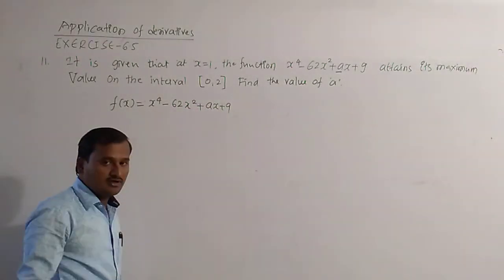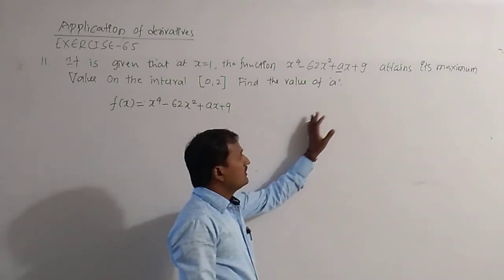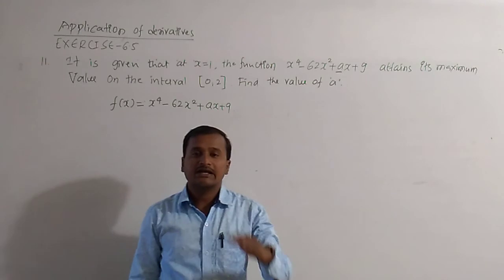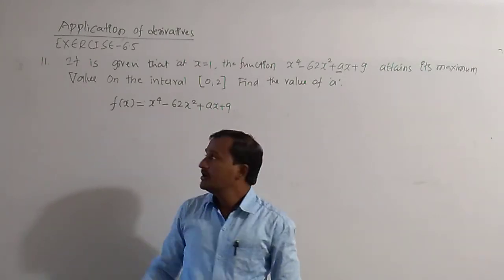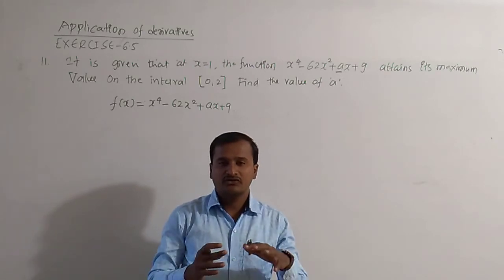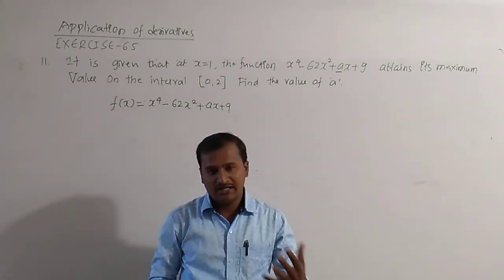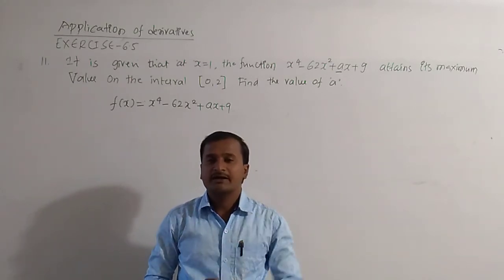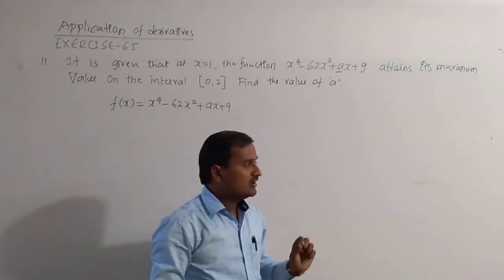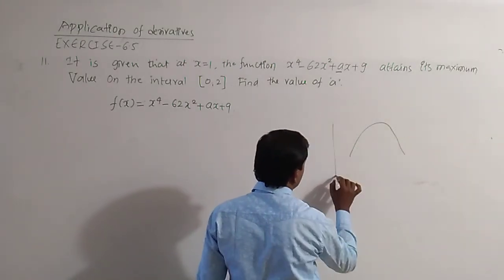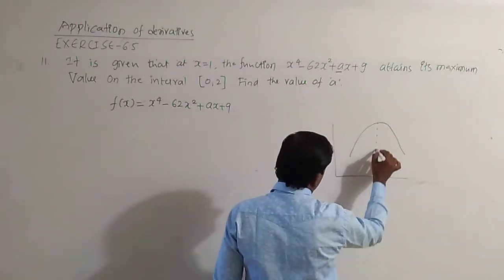Okay. This function attains its maximum value at x equal to 1. We already know that. A given function attains its maximum value only at the critical points. So for example, if the given function is like this, this is the point C1.